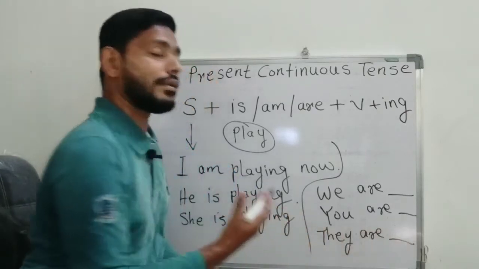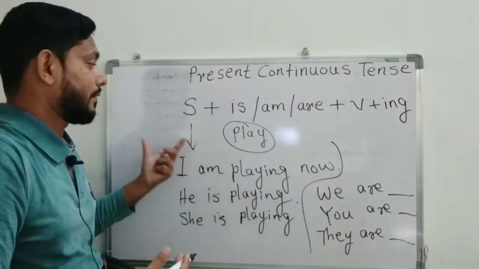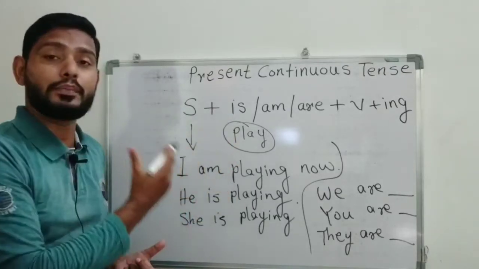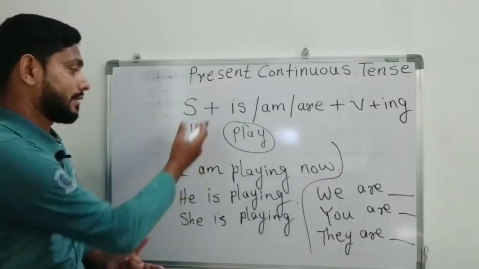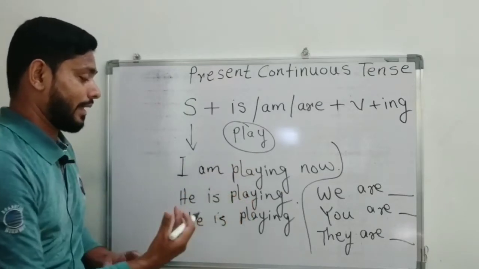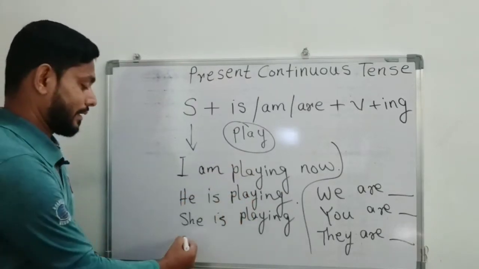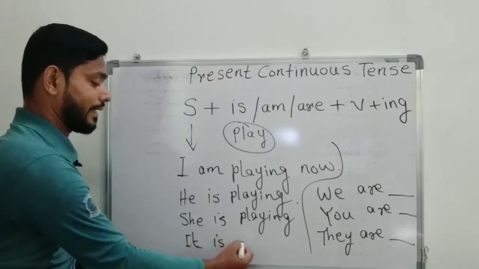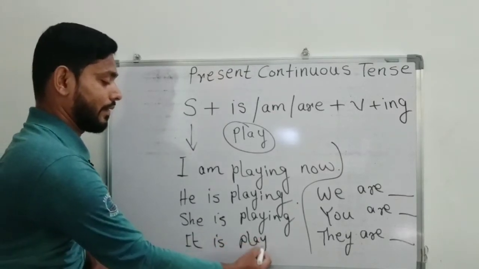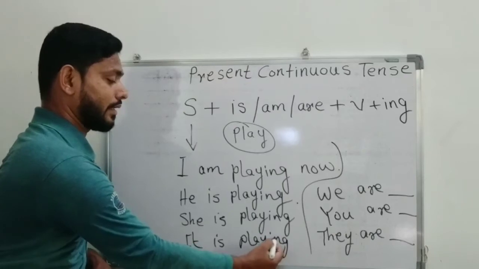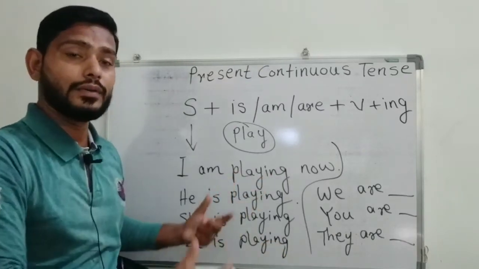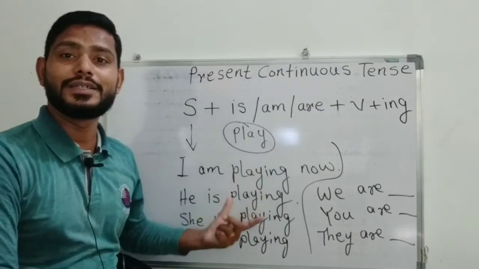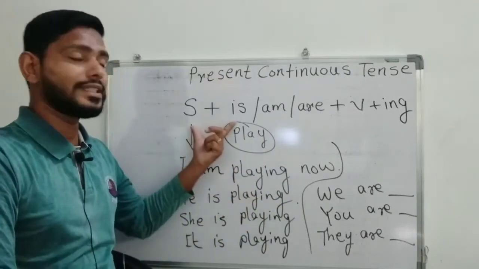So these are the basic structures with subject verb agreement in present continuous tense. I am playing, he is playing, she is playing, and we can also use it is playing. So we have used the basic subjects here, and I hope this is very easy for you to understand. So this is the structure.